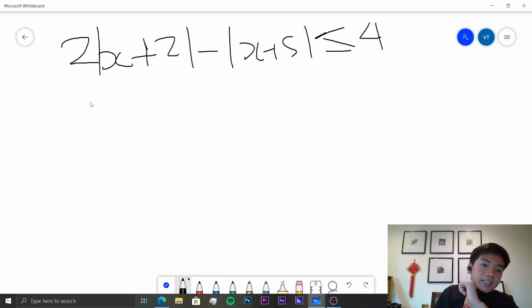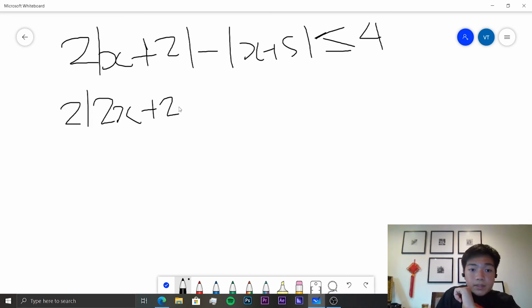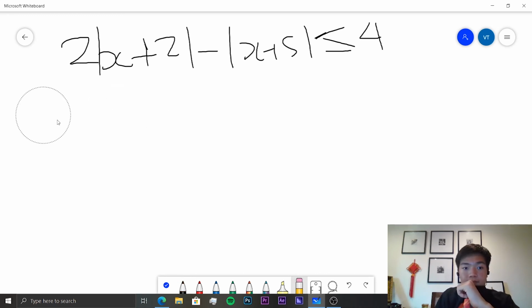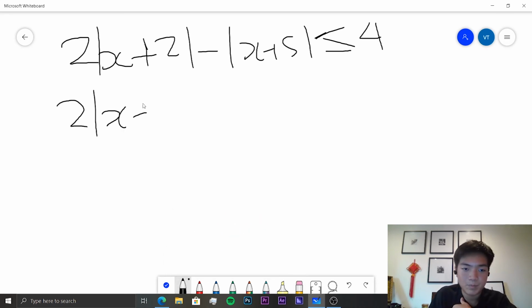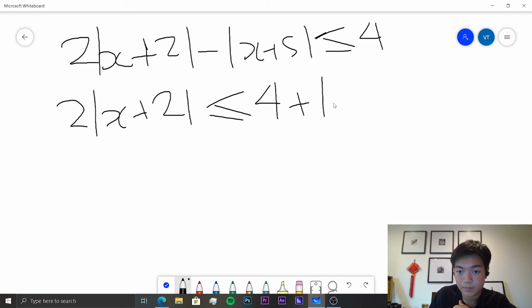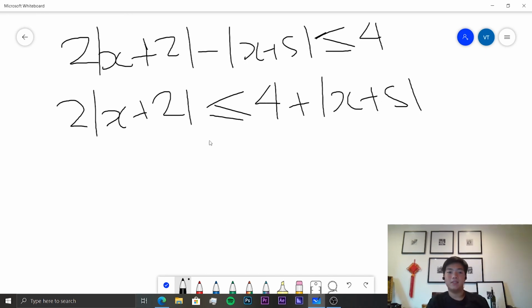So again, to make it easier to graph, I'll make it 2 times the absolute value of x plus 2, because okay, you could do this on a graphical calculator, but if you don't have a graphical calculator, I would advise you to do it this way. So we have 4 plus the absolute value of x plus 5 is greater than 2 times the absolute value of x plus 2.